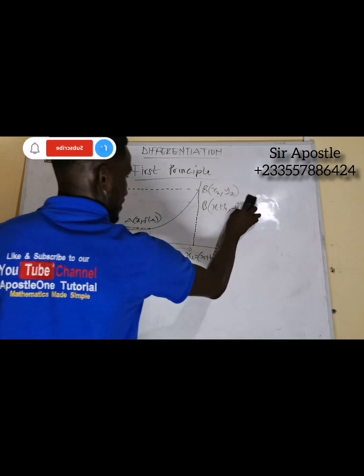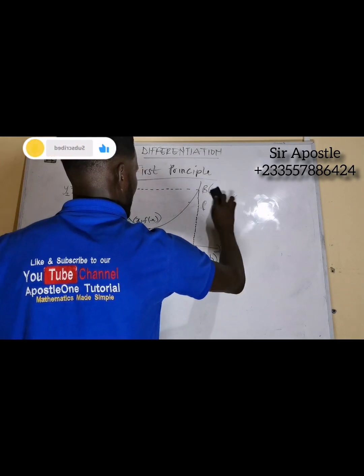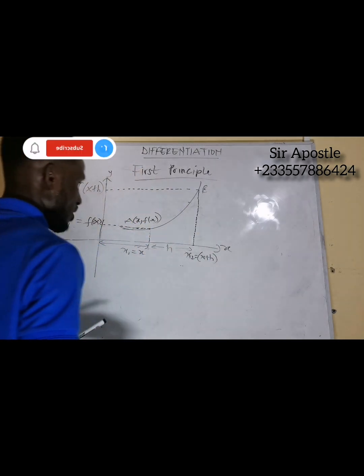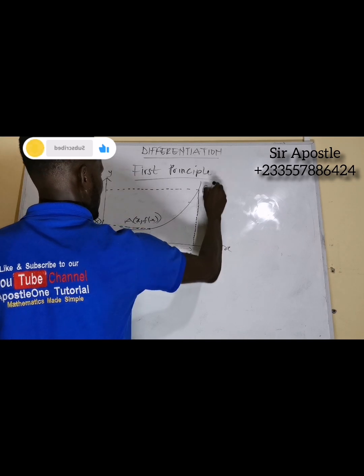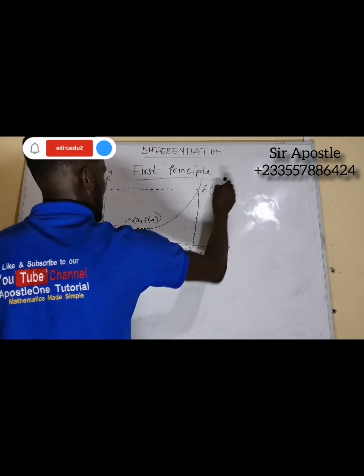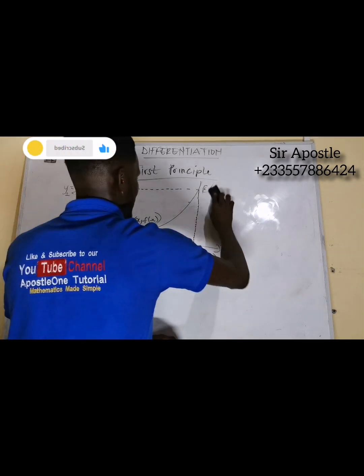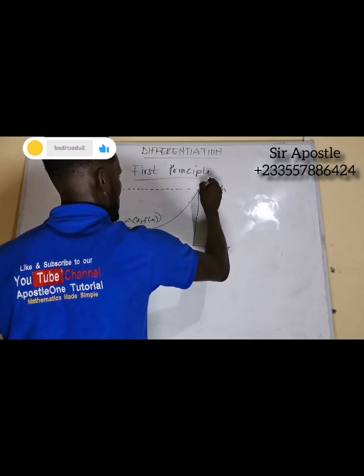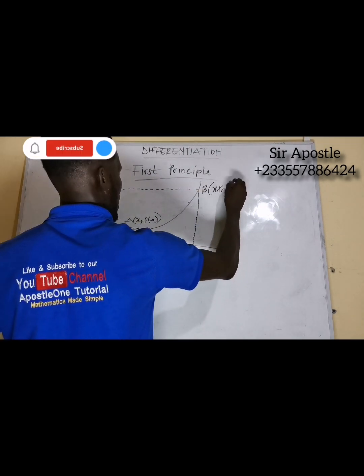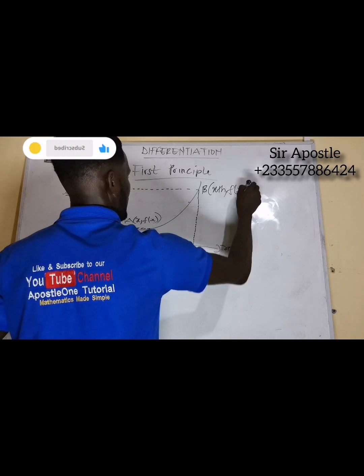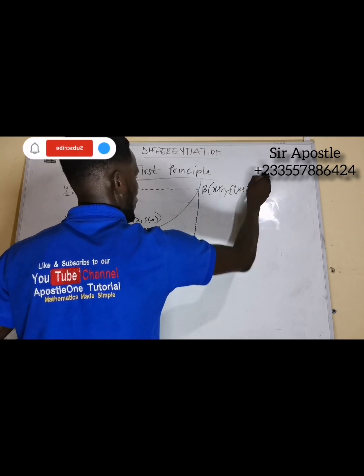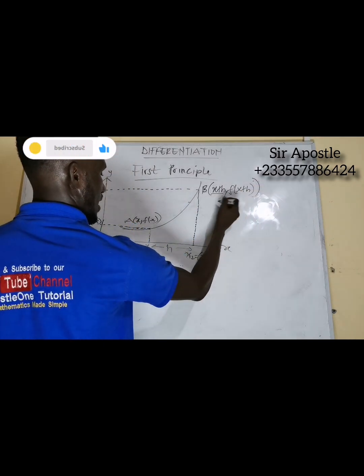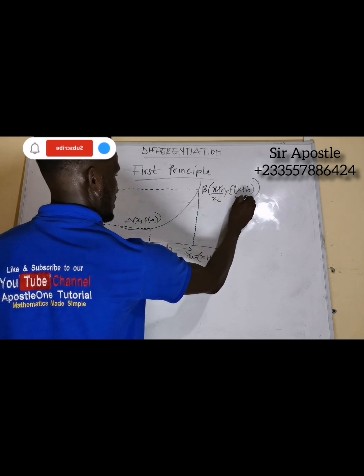So I'm going to use that one. So our point B will be the same as x plus h, comma, f of x plus h. So this is our x2 and this is our y2.